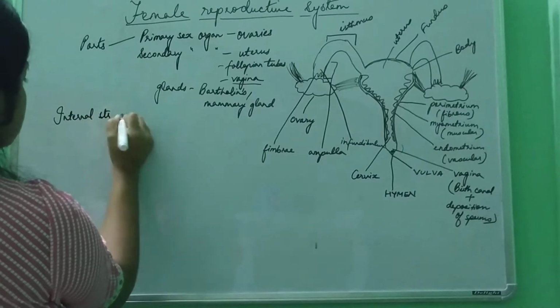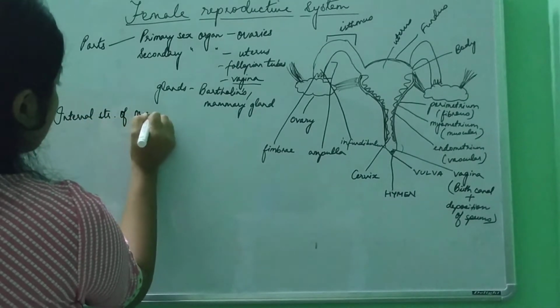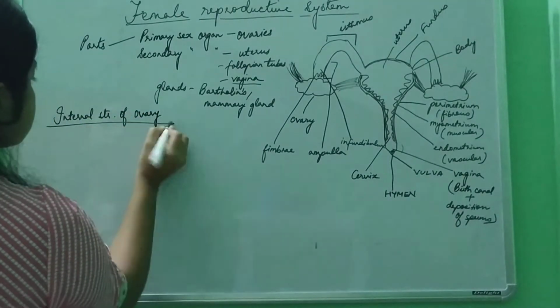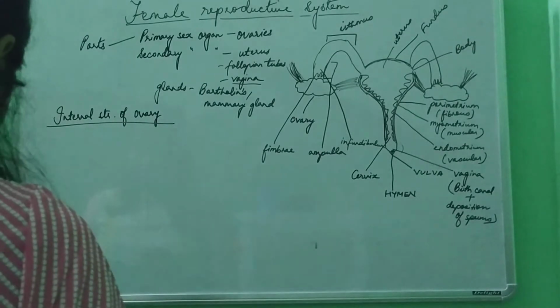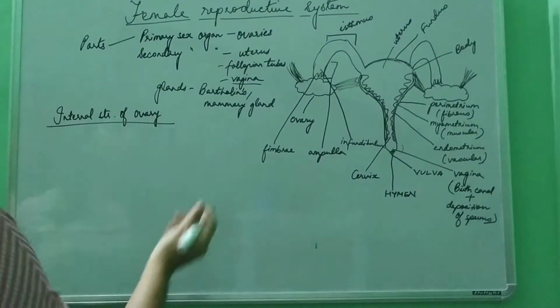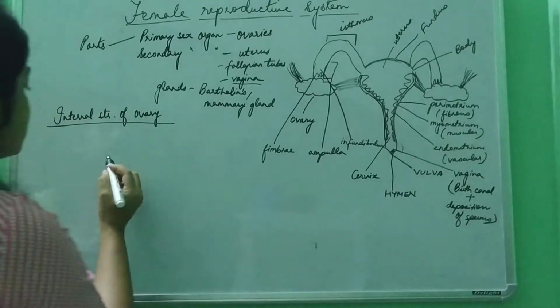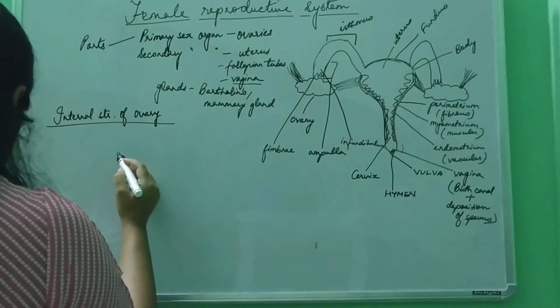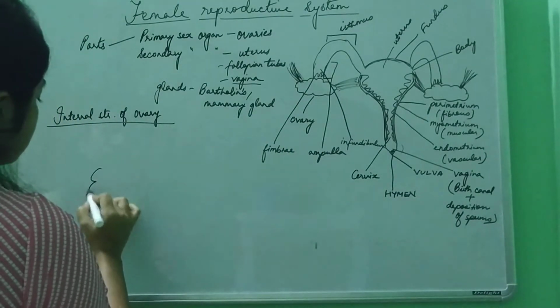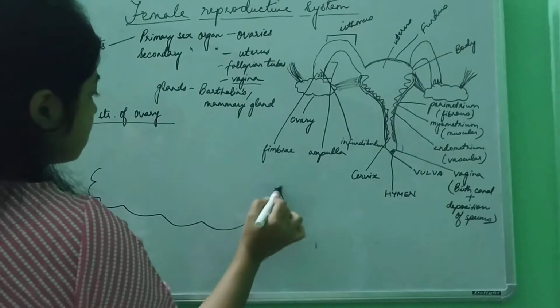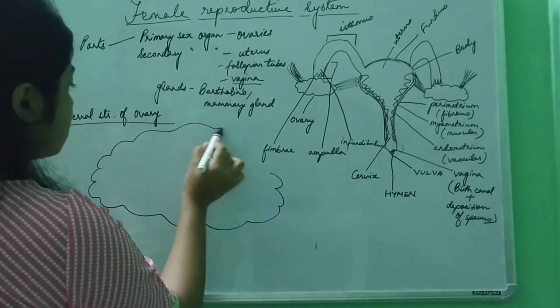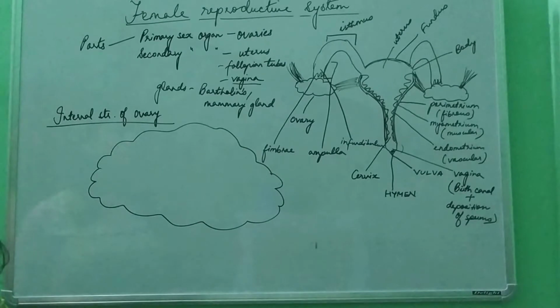Internal structure of the ovary. So this almond shaped ovary, I'm drawing it a little bit bigger here. Okay, so we'll see what is inside.